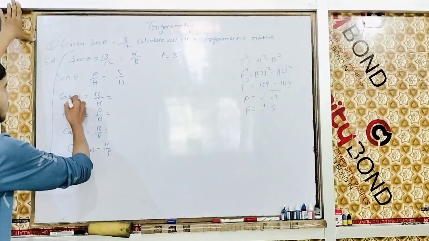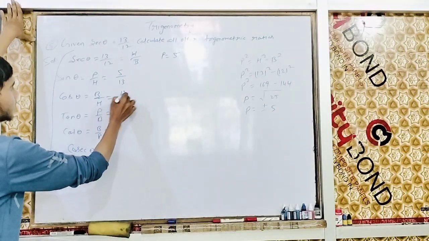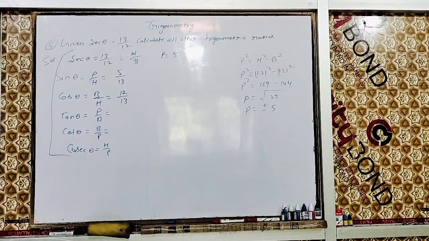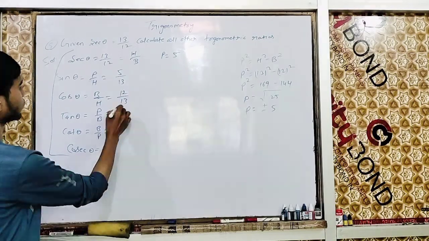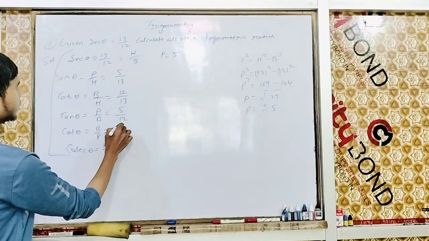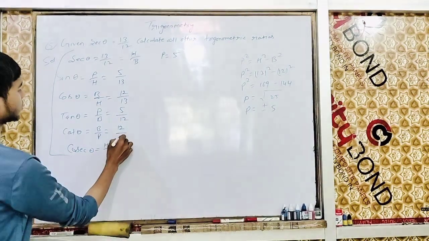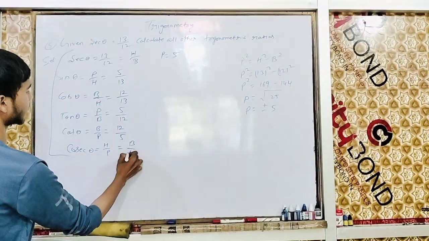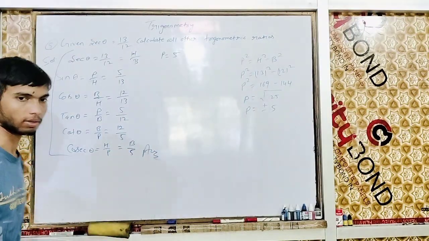Now next we have cos. So b is 12 and h is 13. Tan is p 5, b is 12. Cot is b 12 and p is 5. Then we have cosec, h 13 and p is 5. This is our final answer.